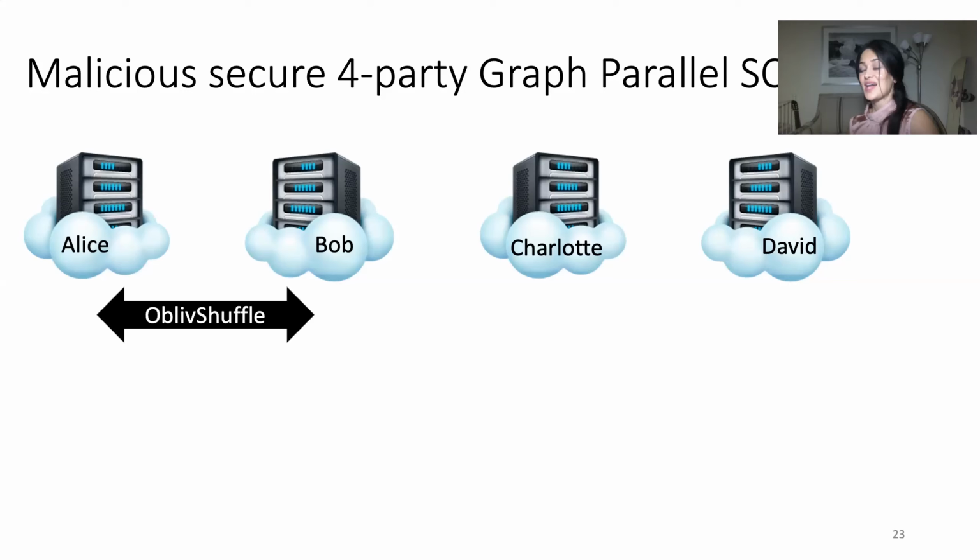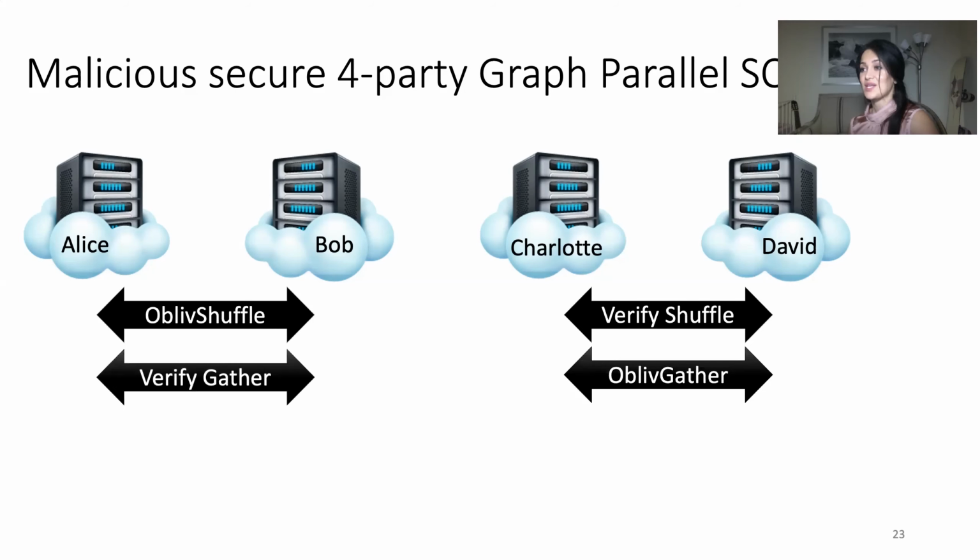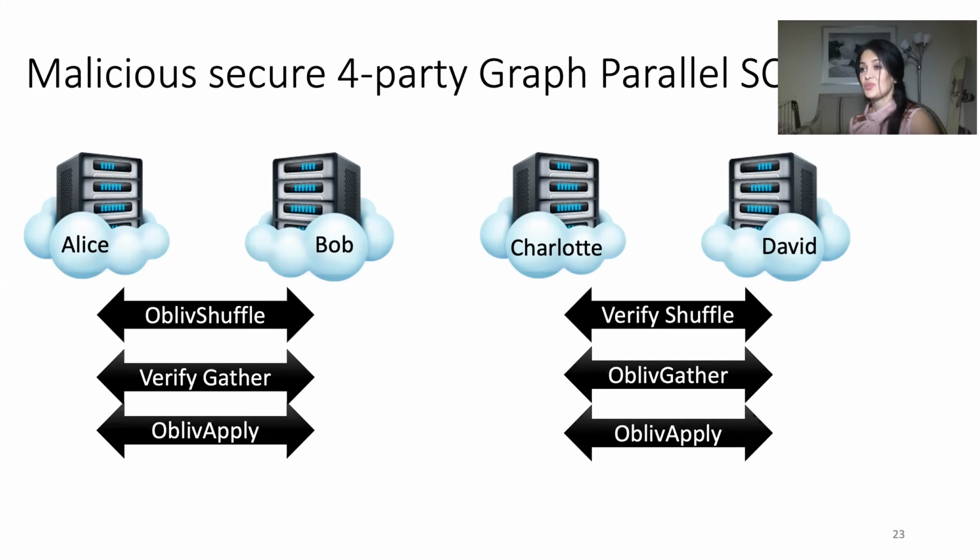For example, Alice and Bob perform an Uplift shuffle. Charlotte and David will verify the correctness of that operation. The same verification happens for gather and scatter, but the apply is different. The apply phase, which is computing the main functionality, should be handled by all 4 parties, and then they all help to verify its results by using a cross-check validation step.